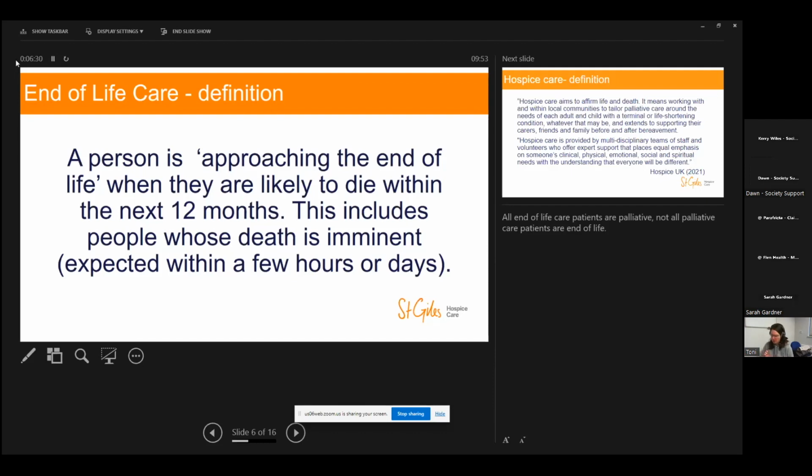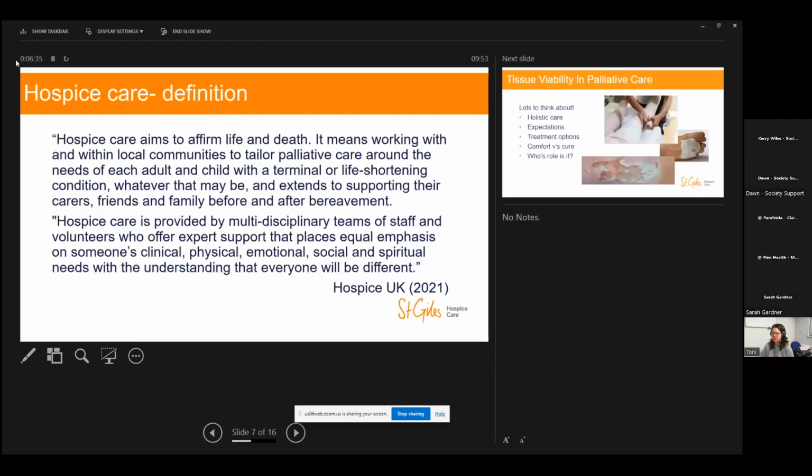Just to pop up hospice care, just because again that is slightly different. So hospice care, hospice is an ethos. So a bit like palliative care is an approach, hospice is an ethos. The current hospice movement, I'm sure you're all aware, was started by Dame Cicely Saunders, and it's very much her vision in terms of what hospice care would be.